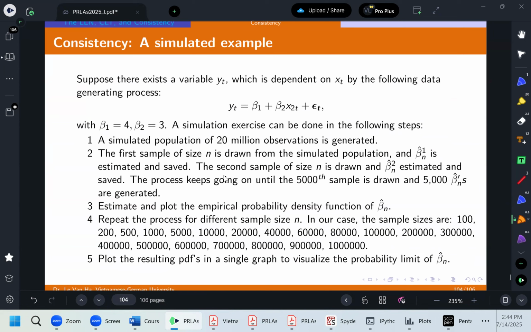Nãy thầy giảng nội dung là mô hình OLS có một property, một đặc điểm tốt, đó là nó có tính consistent, nghĩa là số liệu của em càng lớn thì ước lượng của em càng chính xác, có nghĩa là variance nó nhỏ, đúng không? Bài này yêu cầu em tạo một bộ dữ liệu 20 triệu điểm.